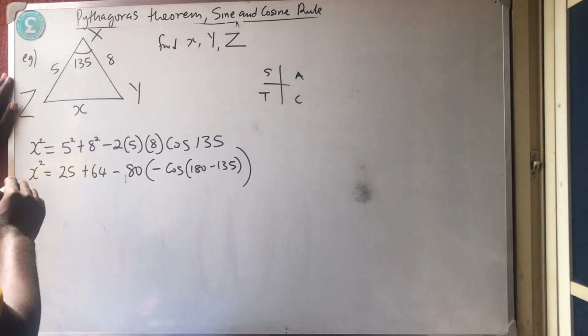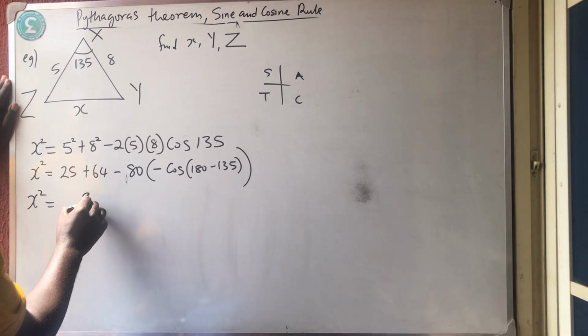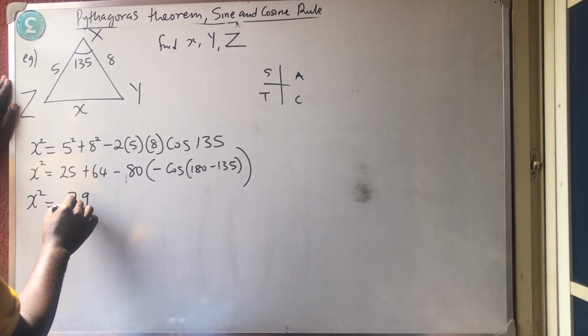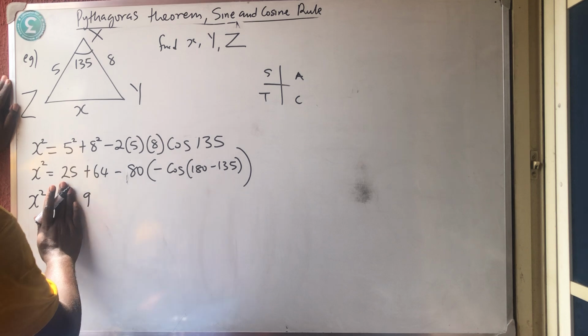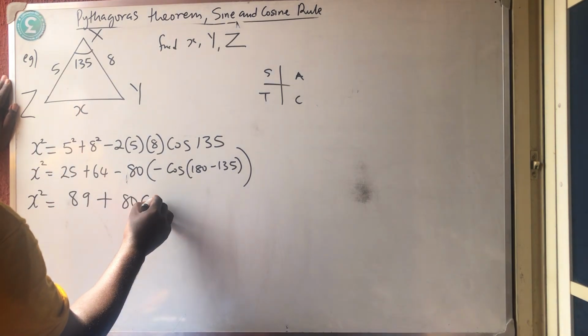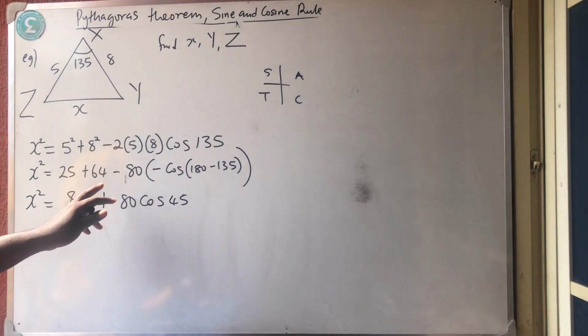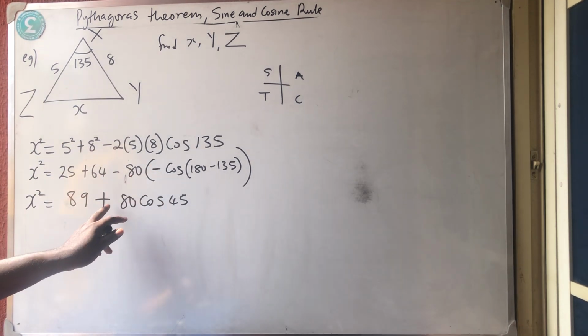That's what brought about this minus. So x squared is equal to 25 plus 64, which is 89, plus 80 cos 45, because minus minus is plus.